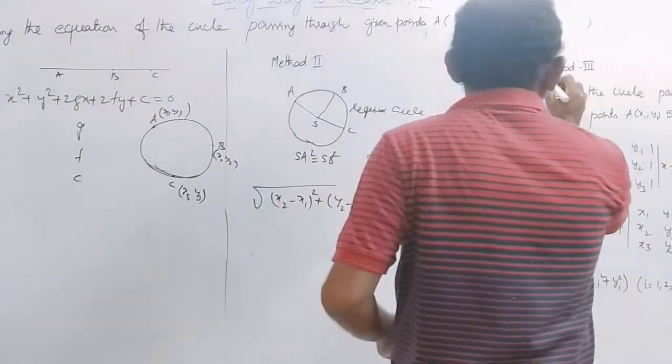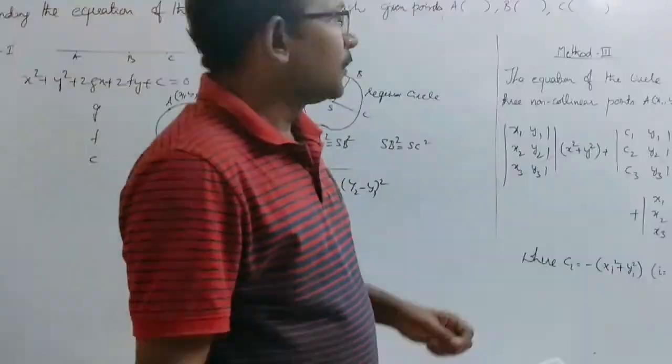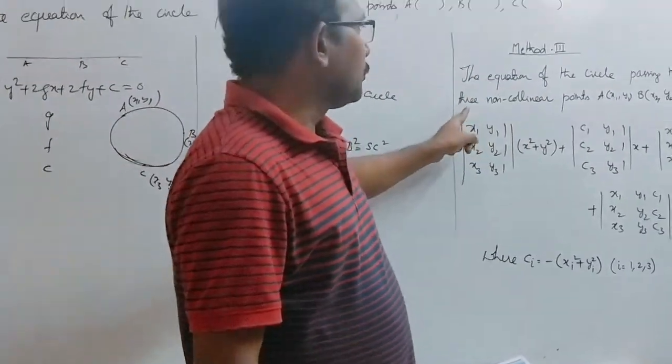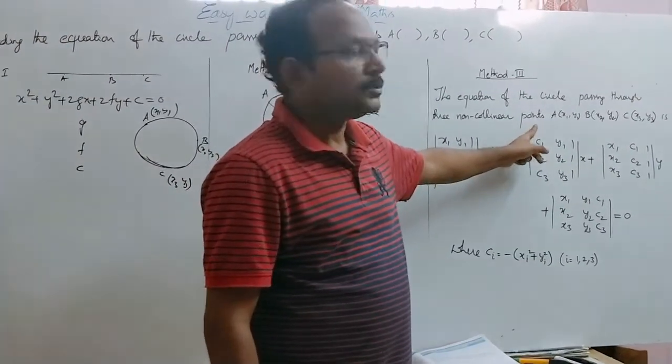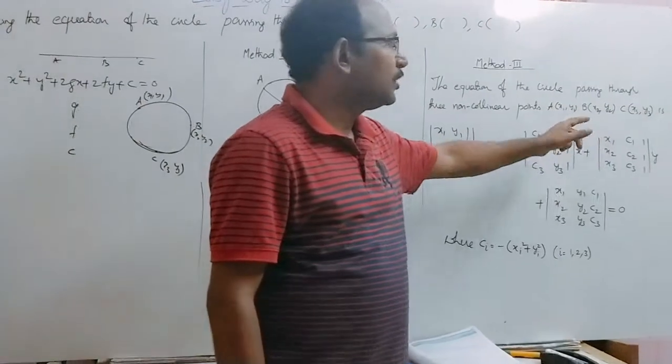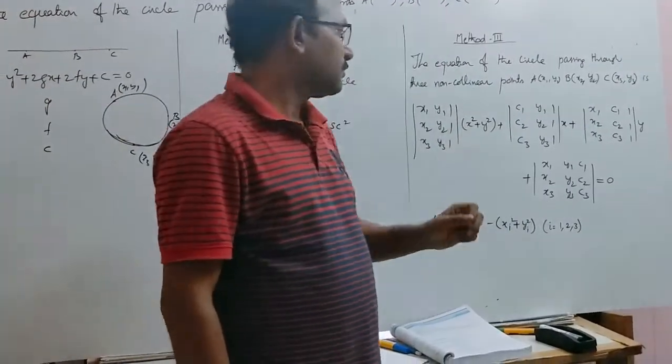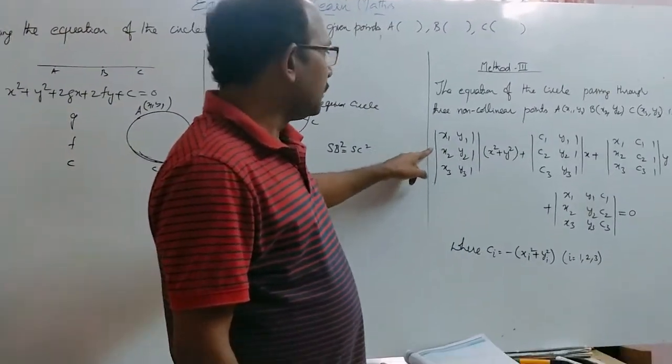And the third method is nothing but a direct formula: the equation of the circle passing through 3 non-collinear points A x1 y1, B x2 y2, C x3 y3 is given by determinant values.